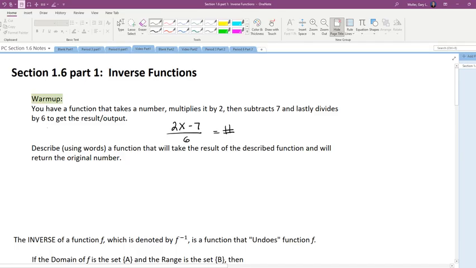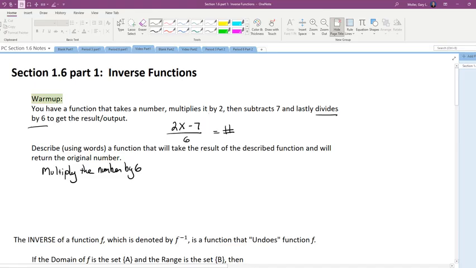So the last thing I did was divide a number by 6, right? So the first thing I would want to do is undo that, so I would have to multiply by 6. Multiply the number by 6. And let's move backwards.